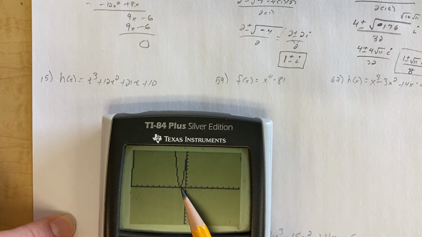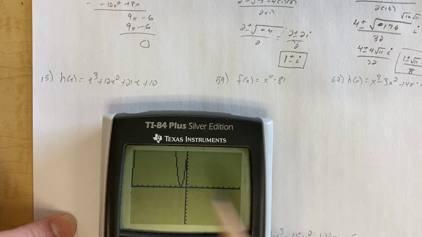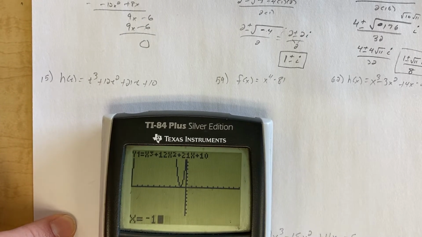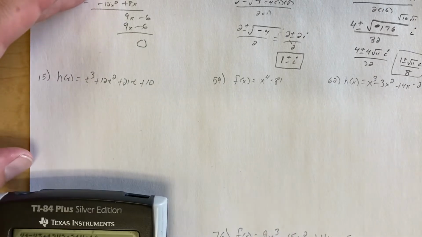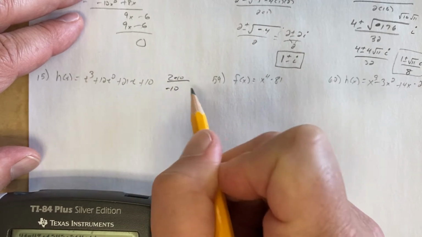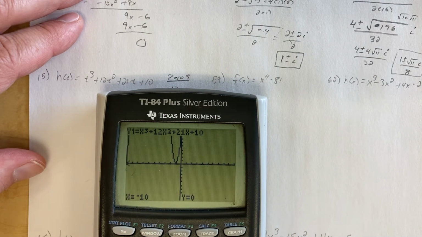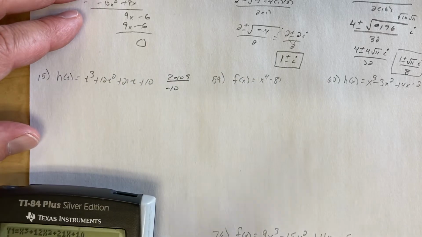Now it looks like it might hit at negative 1, and there looks like there might be something way back here at negative 10. Let me trace negative 10, and sure enough at negative 10 we have a 0. So I'm going to write negative 10 as one of the zeros here. Okay, and then it looks like maybe negative 1. I type negative 1 in, sure enough negative 1 has a 0 as well.